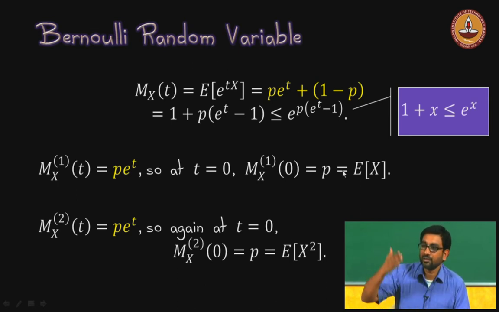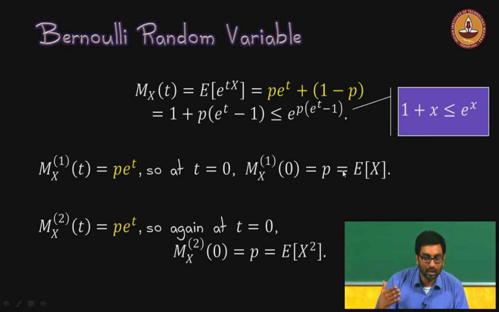If you take the first derivative and apply it at t equal to 0, you get back the expectation of x. You can do the same thing with the second derivative. I will leave you to work that out on your own time. But essentially the second moment for the Bernoulli random variable is going to continue to be p.